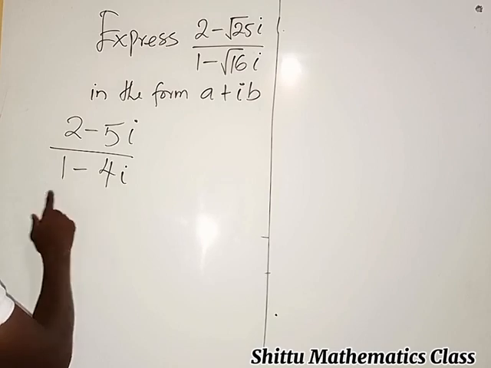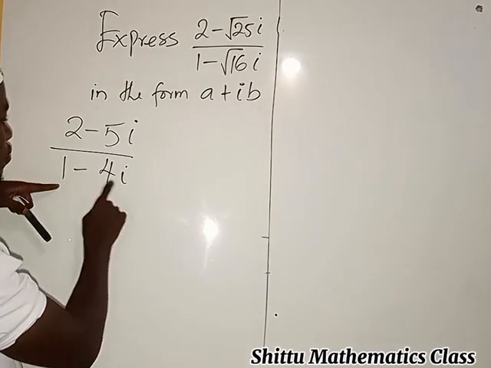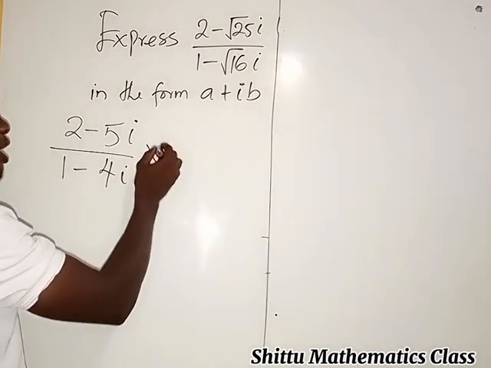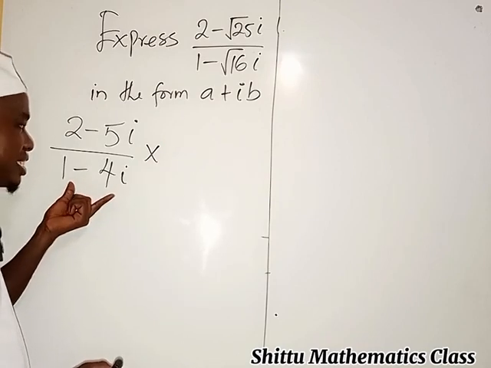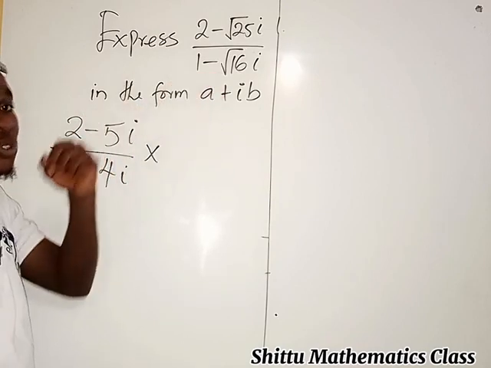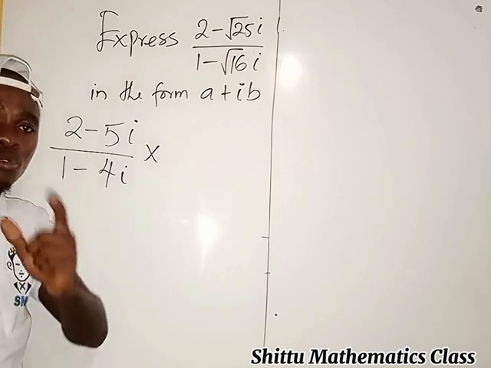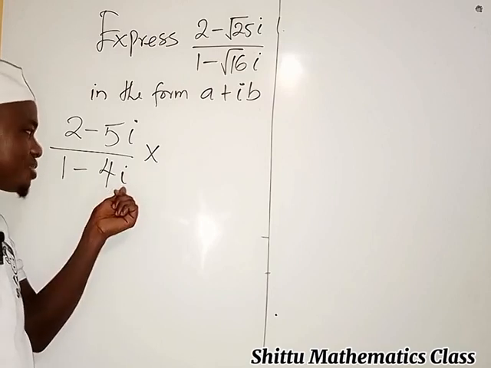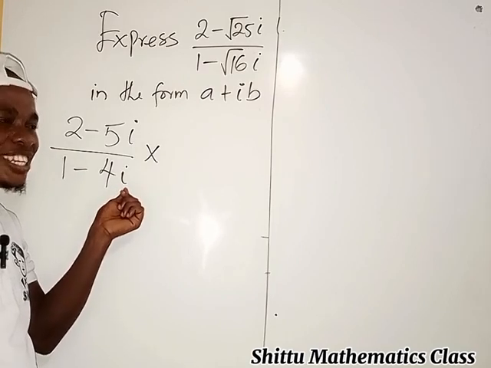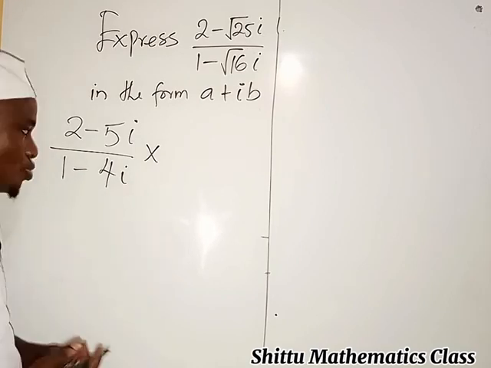Do you understand now? We multiply 1 minus 4i because we don't want to see i at the denominator, the same way we don't want to see the square root in surd rationalization. It's the same thing here. You don't want to see this i here. So what will you do to evacuate the i?